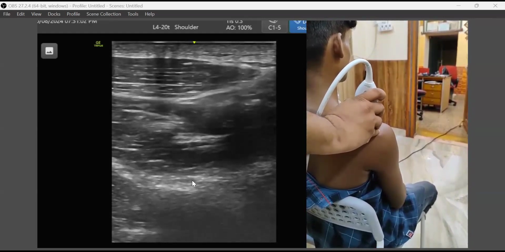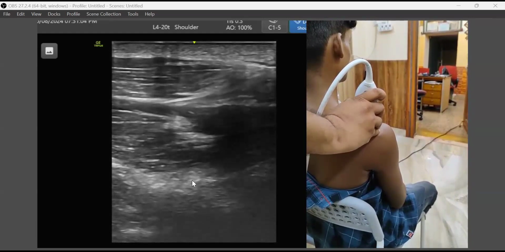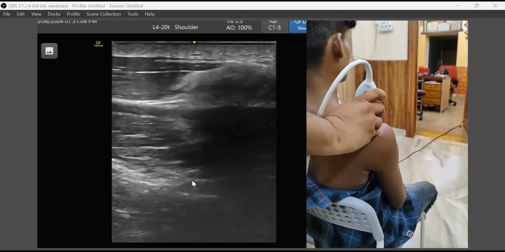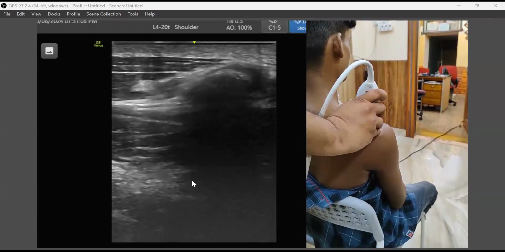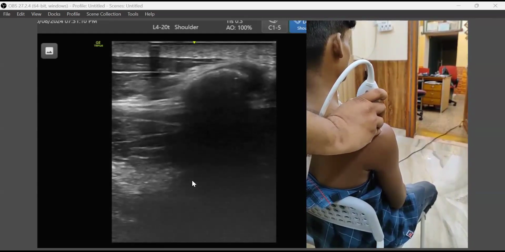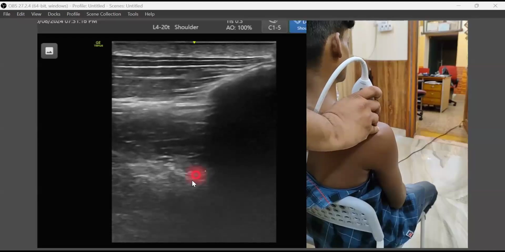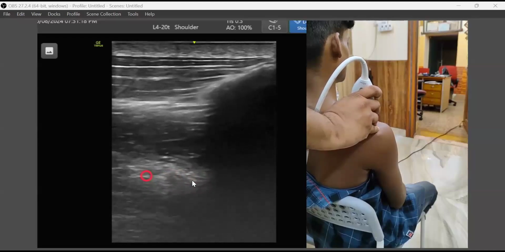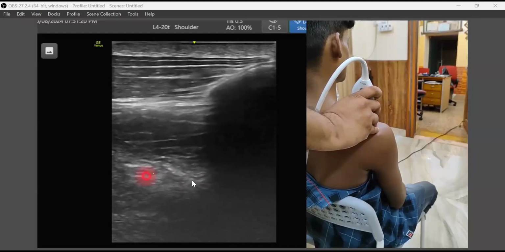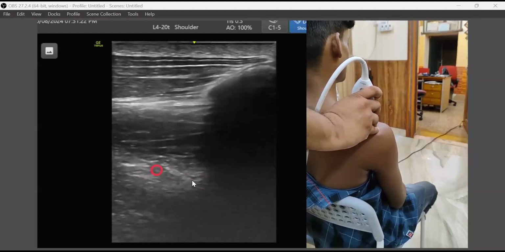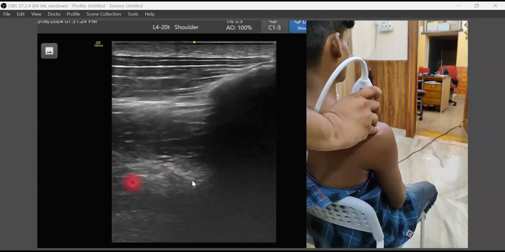I'm taking the pointer, and see here at this point. Can you see the artery moving? At this point, I'm taking it out so that you are able to see.